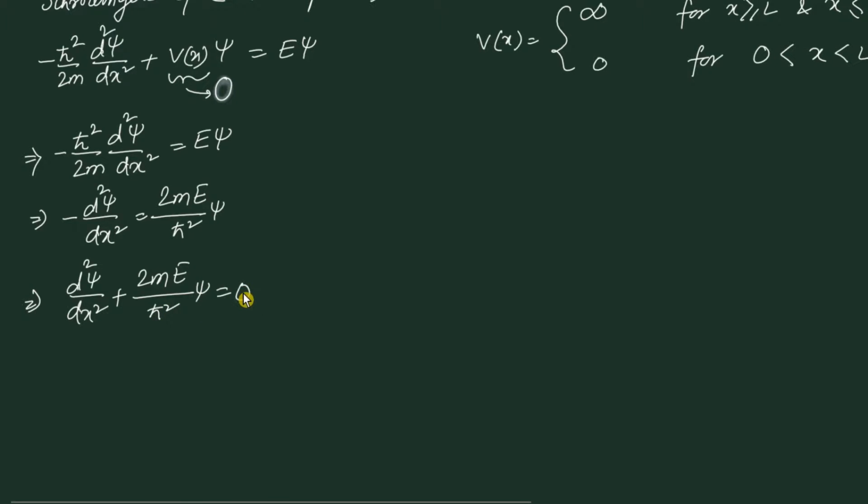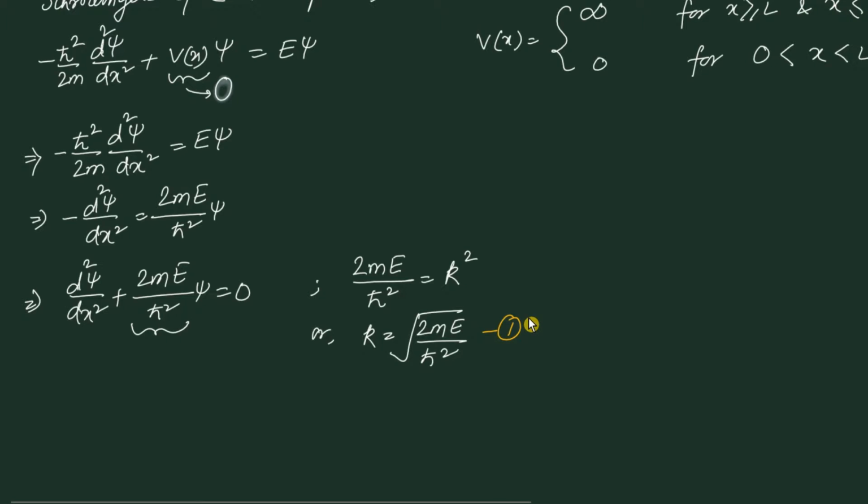Now this is a differential equation that is quite easy to solve. However, there is this particular term here where energy is represented by E. Let's assume that this is some kind of a variable which is called k square, so that k is nothing but the square root of 2m E upon h cross square. Let us remember this as point number 1 because we will refer to this later on.